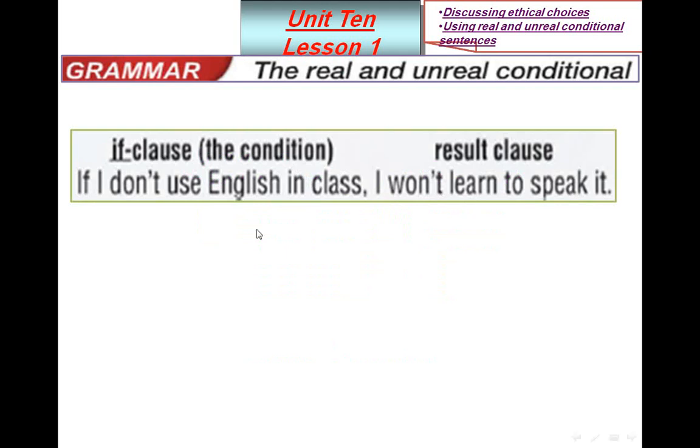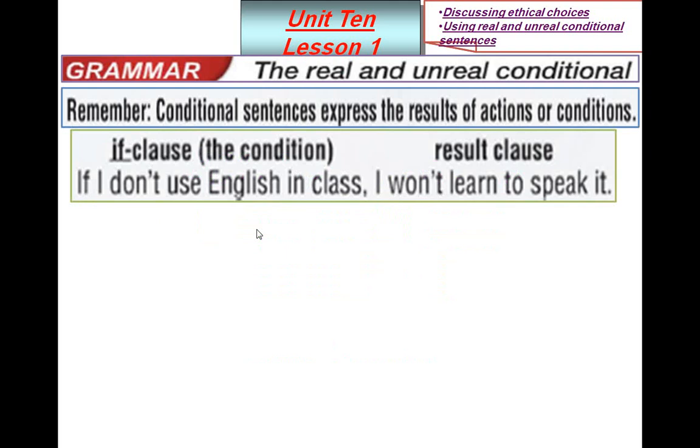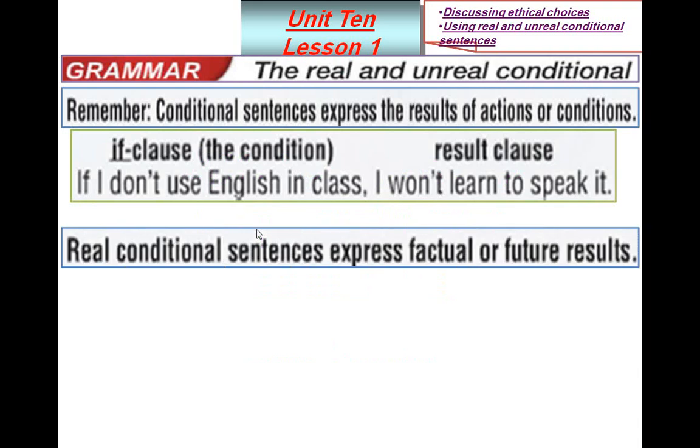So here we have conditional sentences express the results of actions or conditions. Actions or conditions. And that's called the first part. We have two parts, real and unreal cases or conditionals. The real conditional sentences express factual or future results.